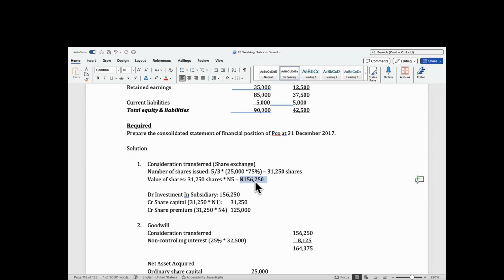Then since I'm issuing shares, I credit my share capital. Share capital is always credited at nominal value, which is 1 naira. So what goes to share capital is 31,250. Any excess goes to share premium. So if you do this minus this, it gives you what goes to share premium.